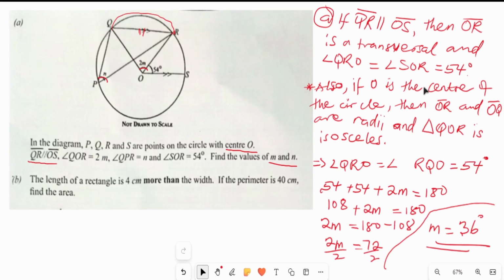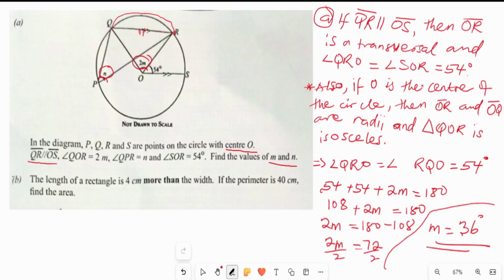So what we are simply saying is that the 2m here will be twice the n here, because both of them are subtended by the same arc, which is QR or chord QR, whichever one you want to use.